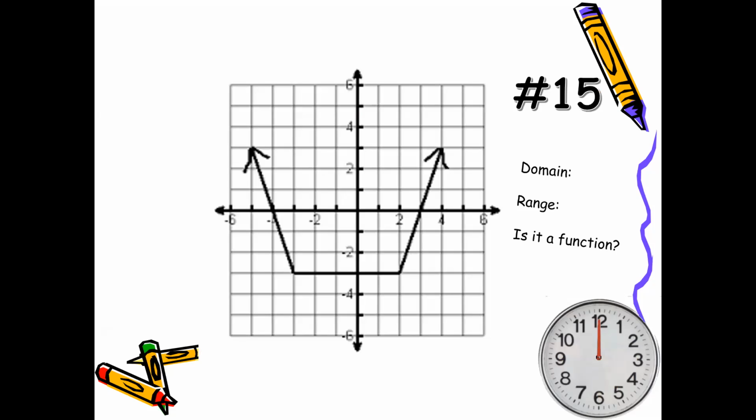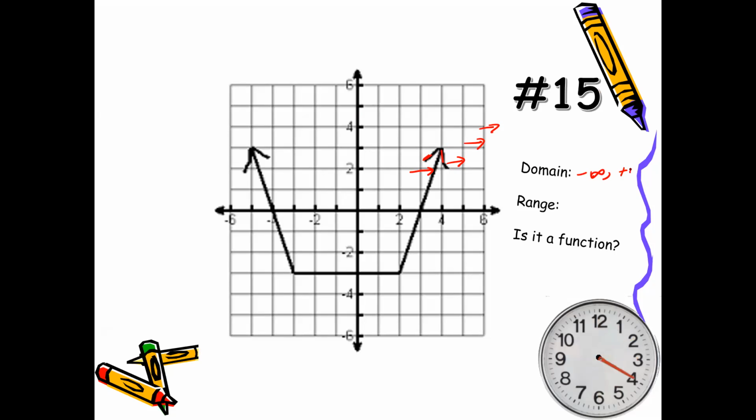Number 15, domain, range, and is it a function? So if I look at the domain, how far is it going to keep going? Do you see the little arrows right here? It means it's going to get further and further over. So it's going to be to a negative infinity, and then also positive infinity because it's just going to keep getting bigger and bigger.